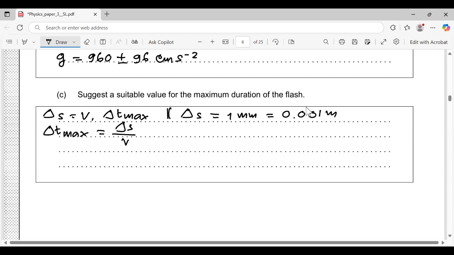So delta T maximum equals 0.001 meters over 2 meters per second, and the result is 0.0005 seconds, which is 1 over 2000 second.